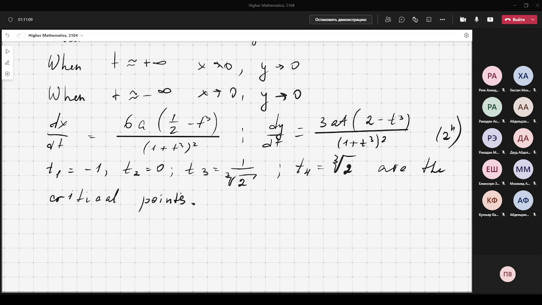Then we find dy over dx equals dy over dt over dx over dt, or t times 2 minus t cubed over 2 times 1 over 2 minus t cubed.